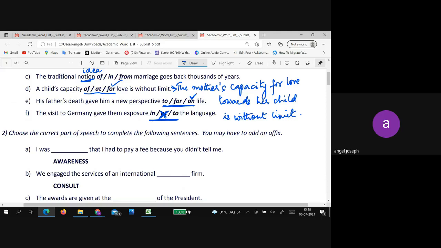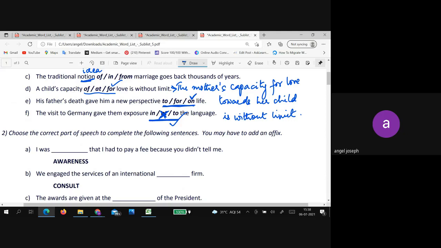Exposure in language, exposure to the language. Any option? Say something. Two. Yes. Okay, two is correct.